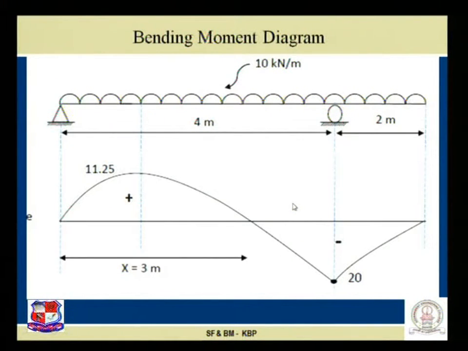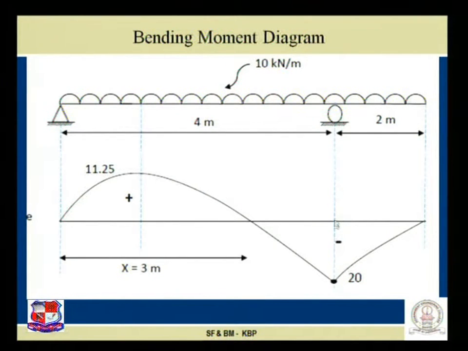Next, bending moment diagram. It is most important to visualize this bending moment diagram. Please recall the concept of shear force and bending moment for a simply supported beam. In a simply supported beam, the bending moment values are 0 at the respective supports, which is not the case over here because there is an overhanging projection.